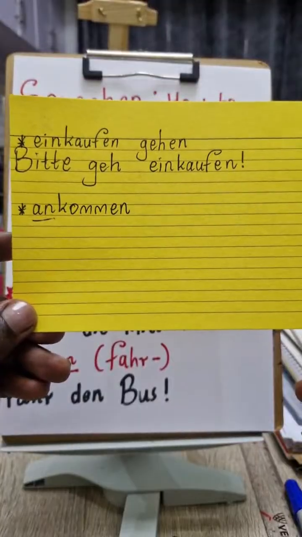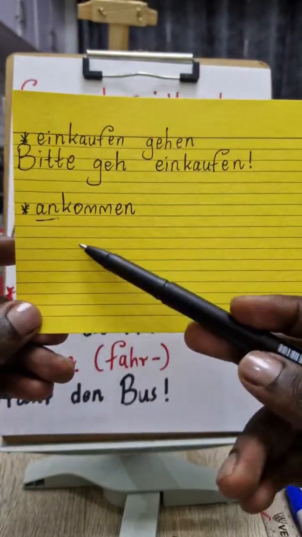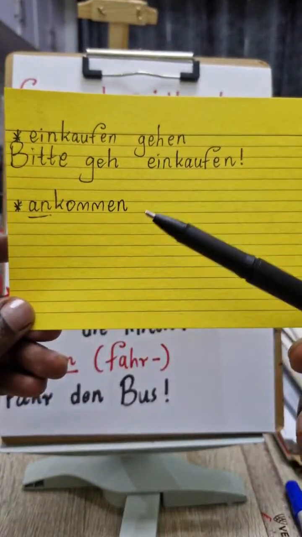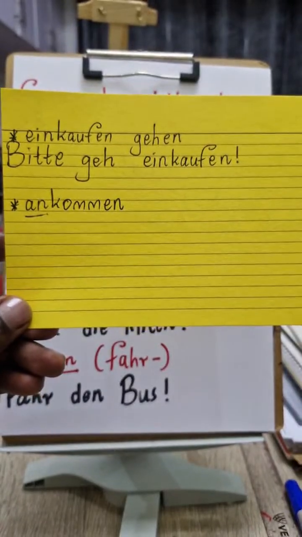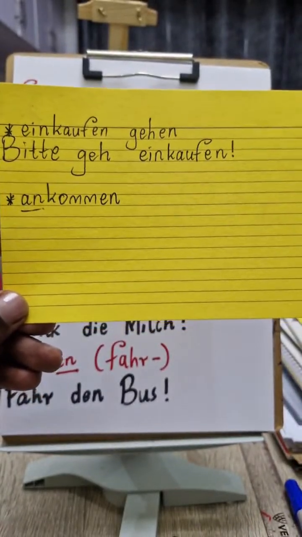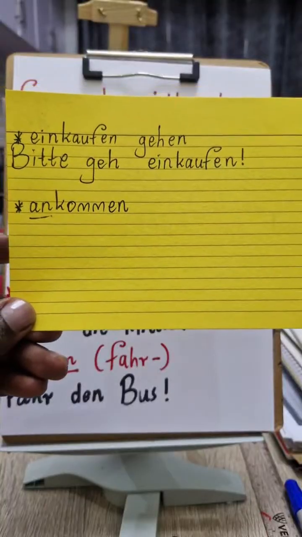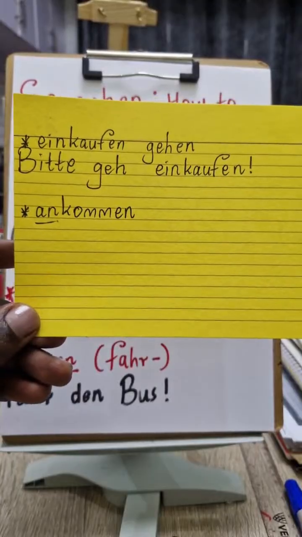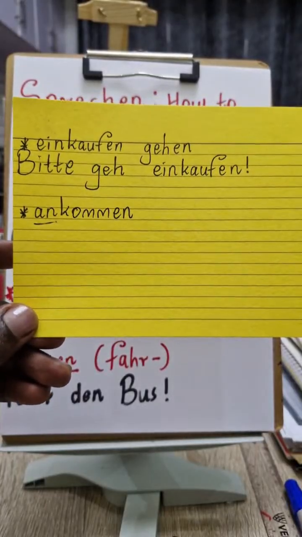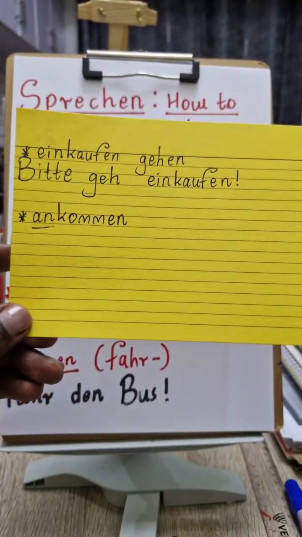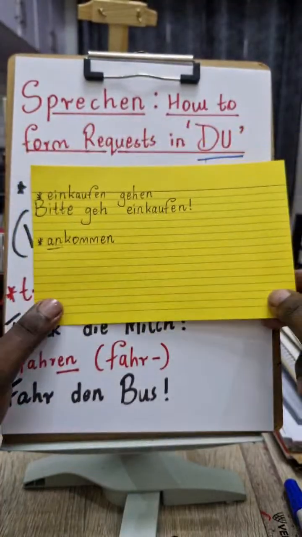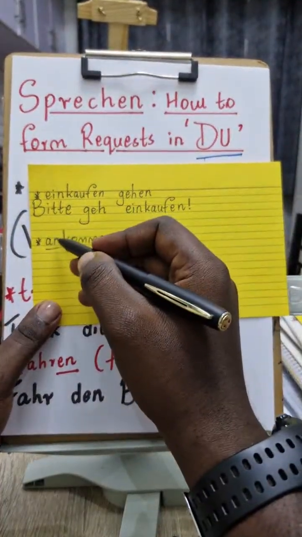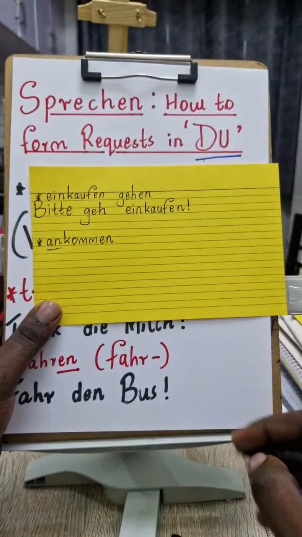How would I use this? Remember, it's a separable verb. For separable verbs, we still maintain separating them, so that you have the prefix coming at the end. I would remove the an and throw it at the very end.